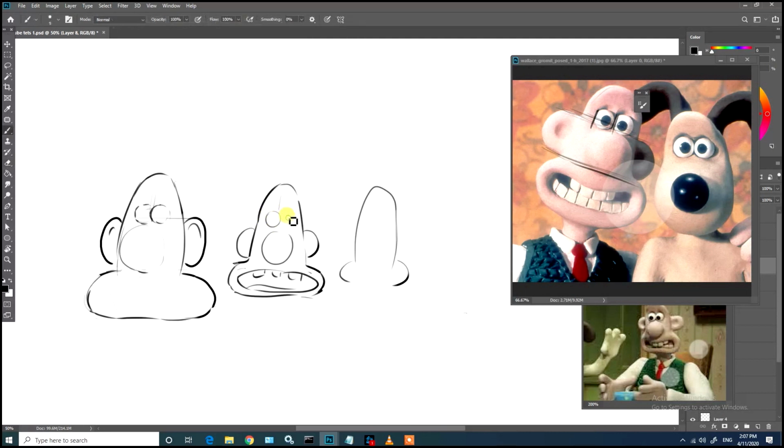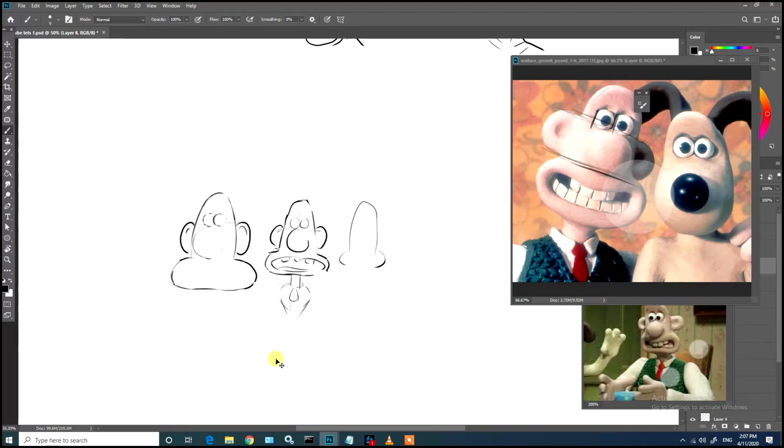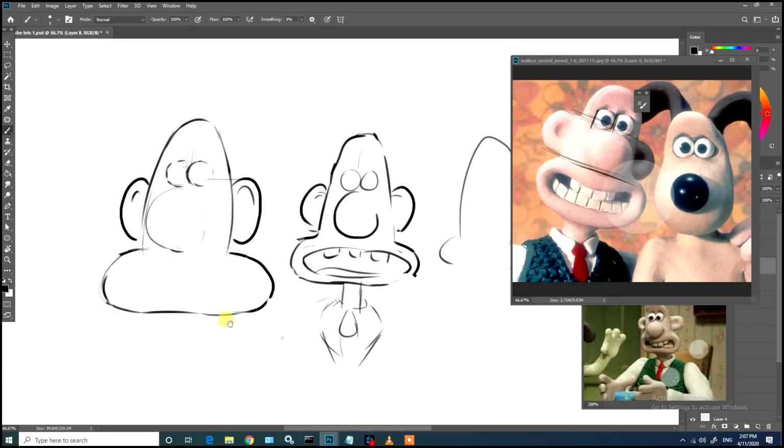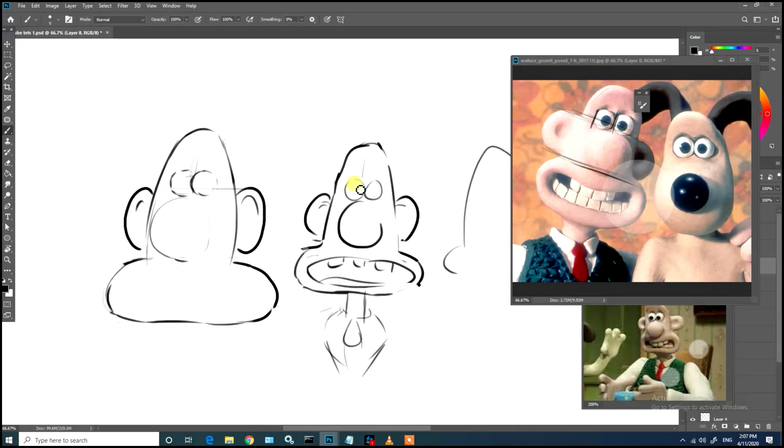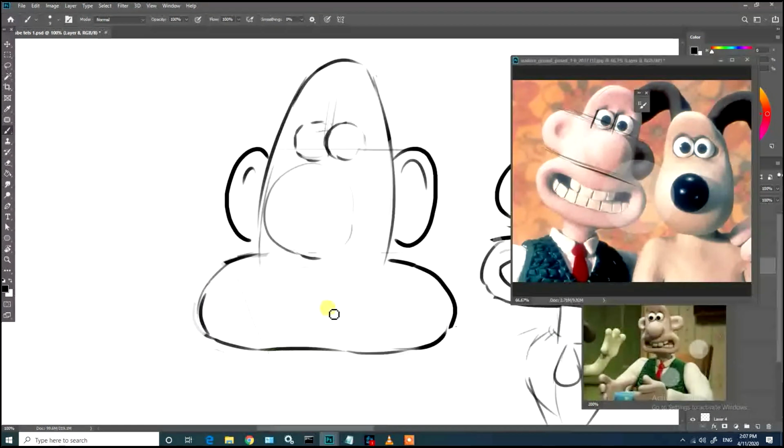His eyes would be naturally bigger, actually. His nose would be higher up. His ears would be higher up as well. And there you go. Before you know it, off a very silly little drawing of a creamy snake, we've created Wallace. It's fantastic, and that's what I mean about formulas. Formulas making things simple. Look at that, bang. That looks like Wallace. But let's go back to this one.